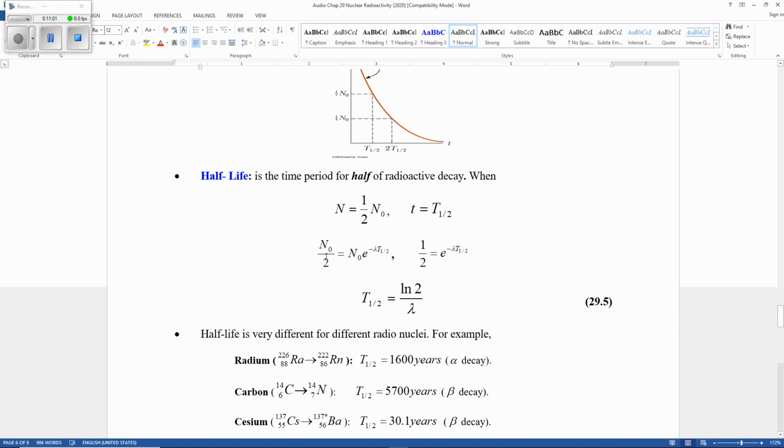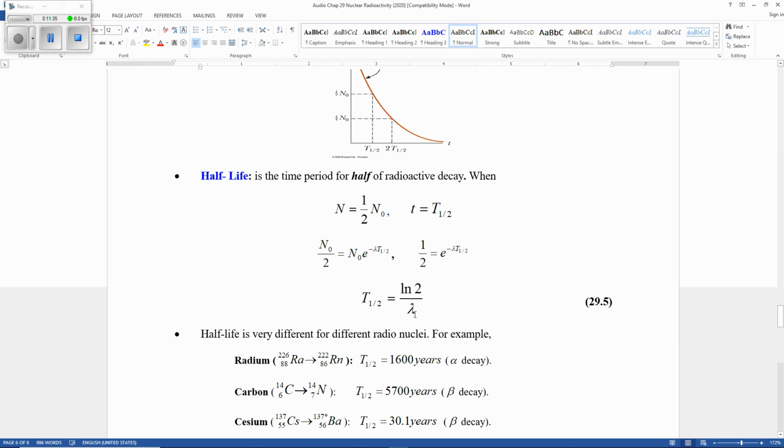So we plug in: when N equals half of N sub o, t is the half-life. So half of N sub o equals N sub o times e to the power of minus lambda t half-life. Because both sides have N sub o, you can divide both sides by it. You're going to have 1/2 equals e to the minus lambda t half-life. Then you take the natural log of both sides, and you can solve for the half-life.